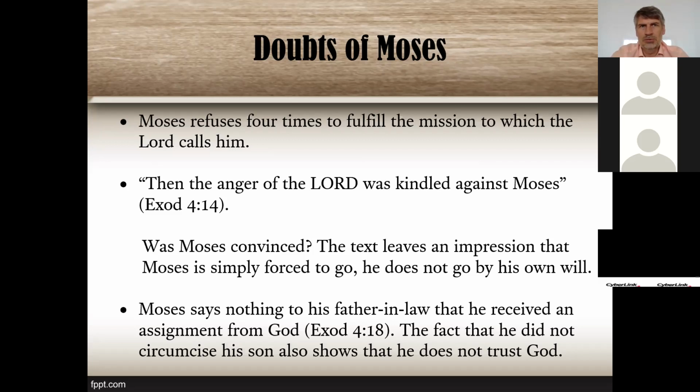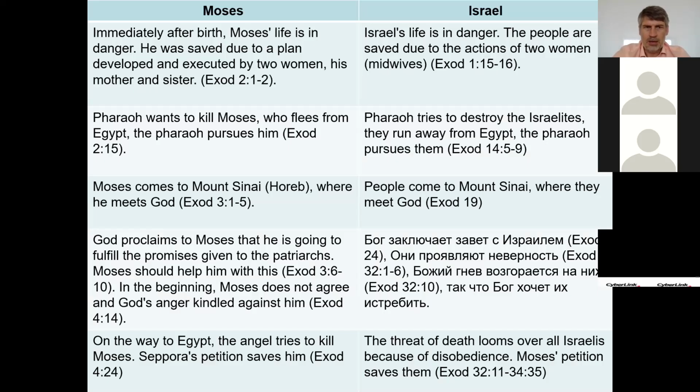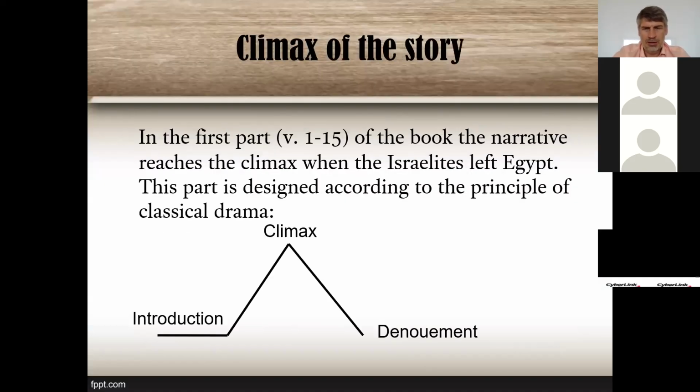So he didn't want to transmit his nationality, his ethnic identity, to his sons. So in the beginning of the book of Exodus, Moses is portrayed as a man of doubts. He is not very sure whether he should go and fulfill the mission of God or not. But of course, this picture changes a little bit later in the narrative.